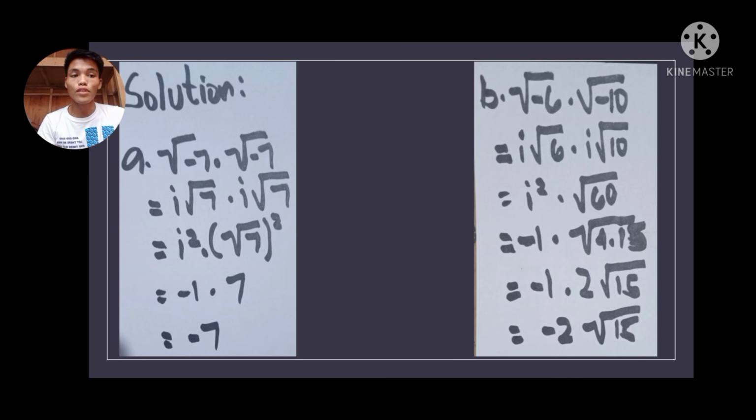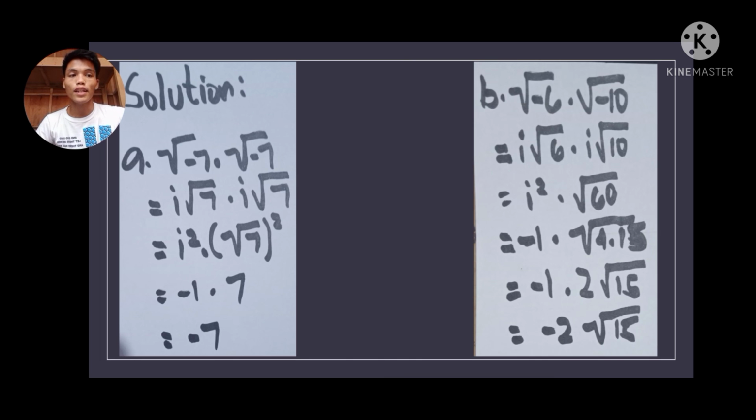So i squared times the square root of 60 is equal to negative 1 times the square root of 60. 4 times 15 is equal to 60, so this is the factor form of 60. Now, negative 1, and what is the square root of 4? 2. So negative 1 times 2 square root of 15 is equal to negative 2 square root of 15. That is the answer in situation B.